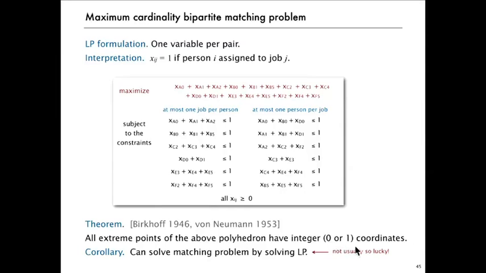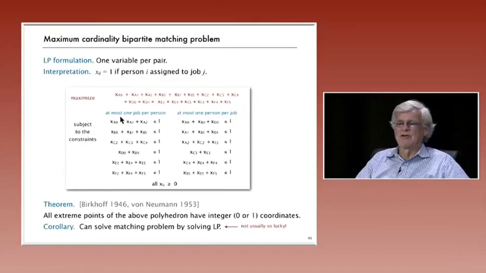They're either 0 or 1. So we need that theorem, and it's not always so lucky. But in this case, you can do it, and you can just use this linear program to solve the matching problem. Again, no specialized algorithm. Just throw in your constraints, and you have the solution.